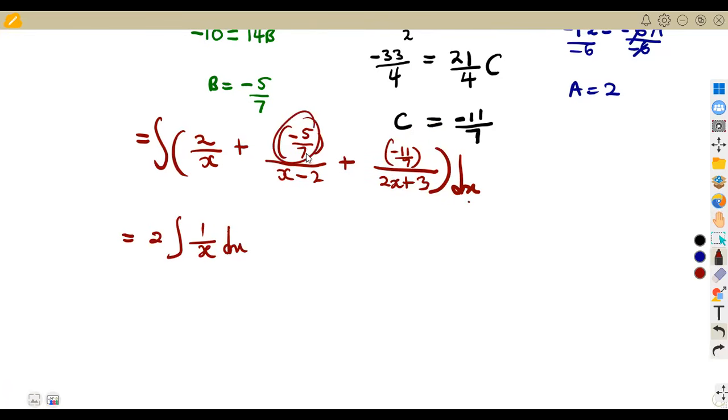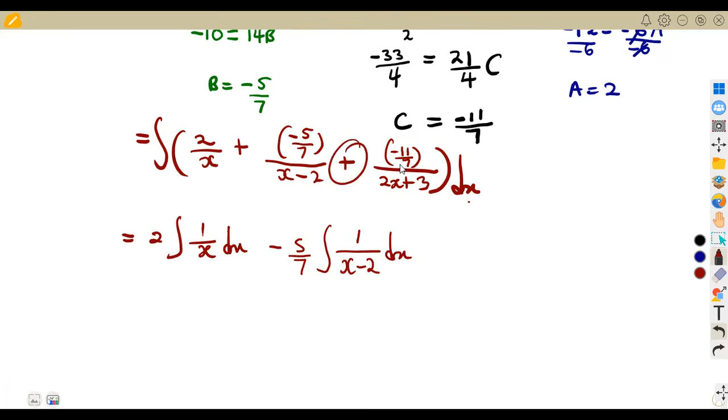We also take minus 5 over 7. A plus and a minus gives us a negative, so that will be minus 5 over 7 times the integral of, if we remove this, we remain with 1 over x minus 2 with respect to x.